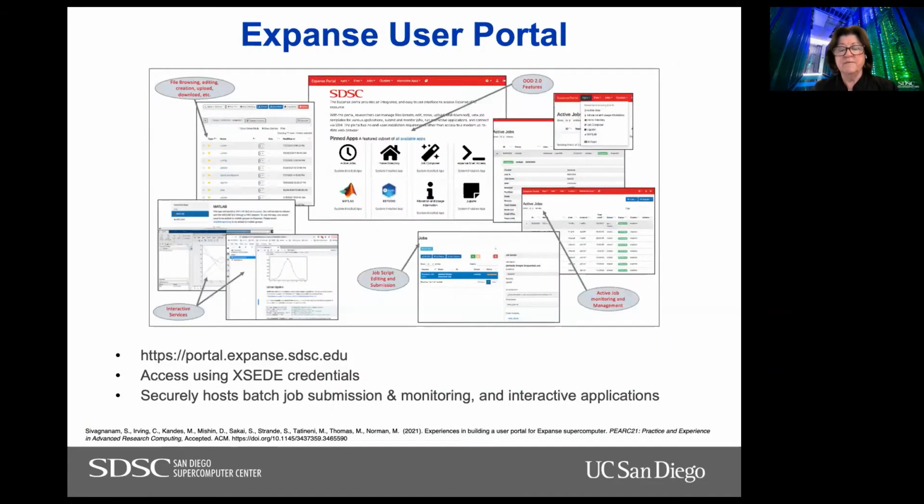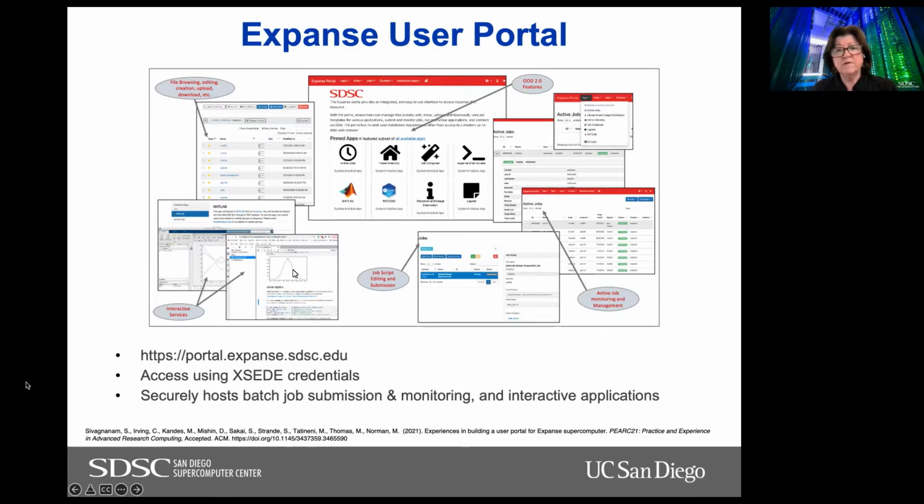And a lot of you will end up working at that level to compile or to do other tasks. Another way to get into Expanse and work interactively is through the Expanse user portal. It supports a lot of interactive applications natively. It will launch MATLAB for you. It will launch RStudio for you. And we've integrated the Galileo application and satellite reverse proxy service into the system, so it can launch notebooks for you.